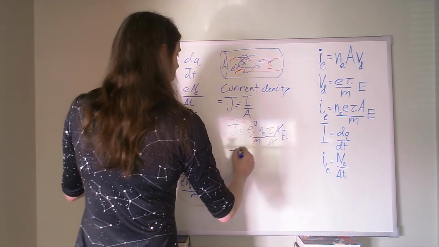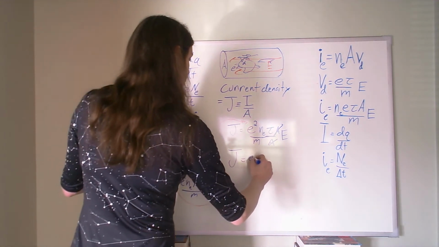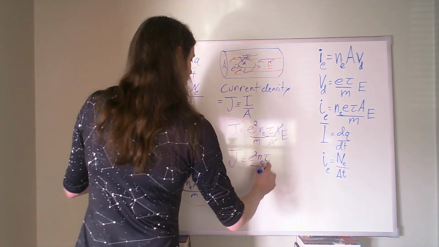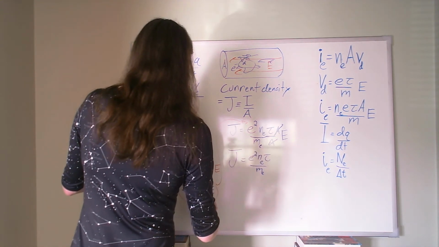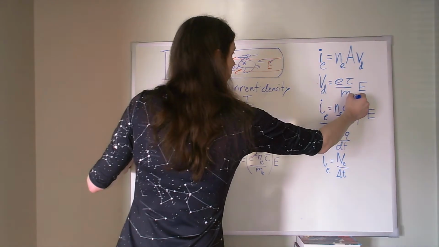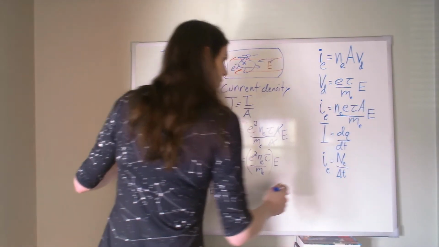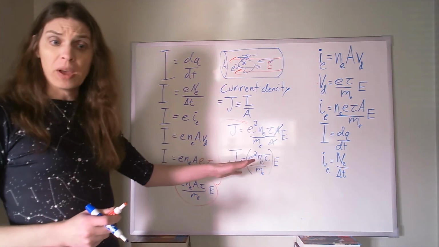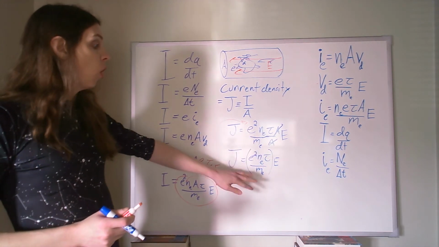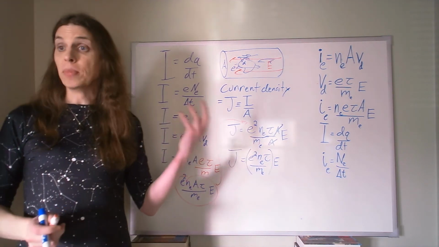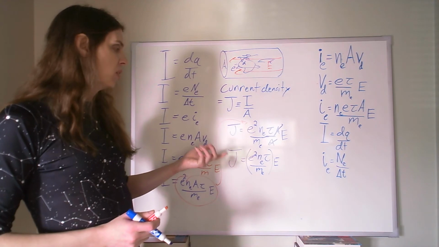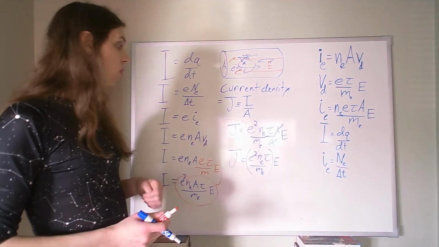And we're left with this current density is all this combination of quantities which are all fundamental properties of nature, like electron charge or proton charge, what have you, or electron mass, or they're properties of the material, the number density for the electrons, the mean time between collisions for those charge carriers.